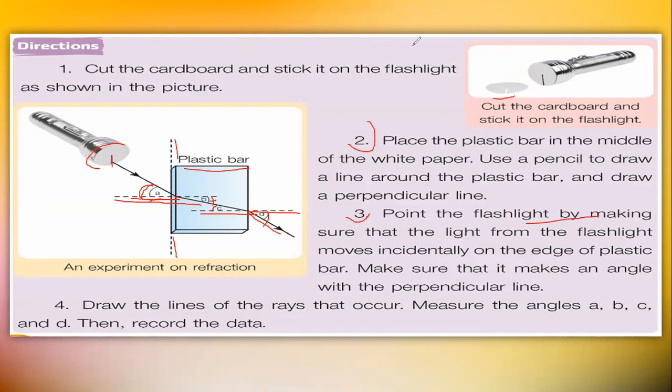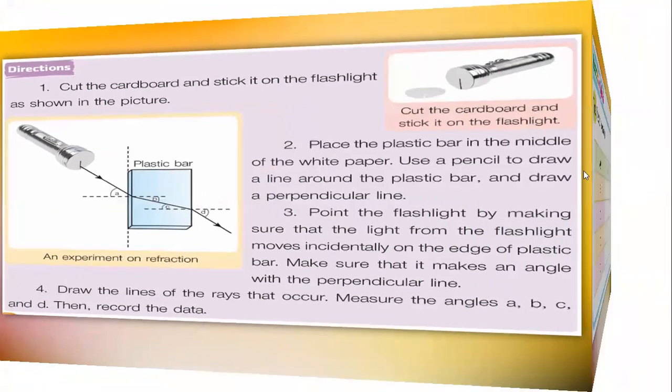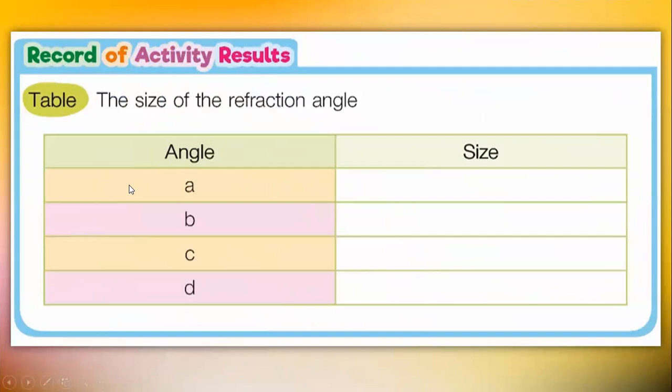So what we have to do here is measure the angles of all four places: place A, place B, place C, and place D. And we have to keep the record. So here we have the record. At place A, the size of the angle was 30 degrees, right?